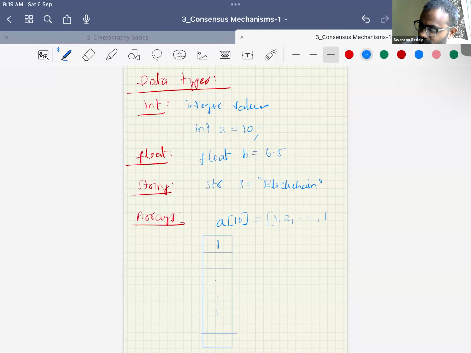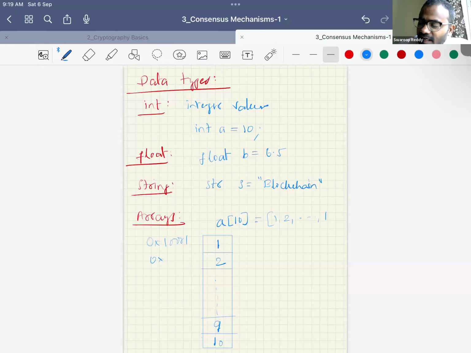There will be some memory address, something like 1001.